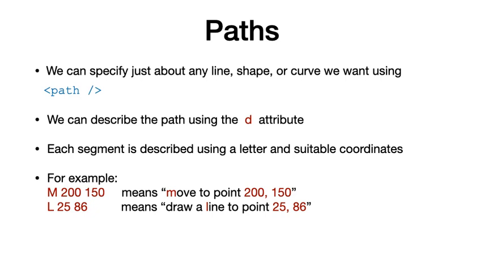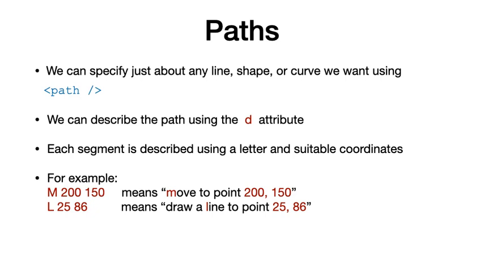We can describe this path using a simple system of letters and pairs of numbers. So the path will have an attribute, a so-called D attribute, which will describe the way of drawing our path. The value for the attribute will be made up of a string of letters and pairs of suitable coordinates.